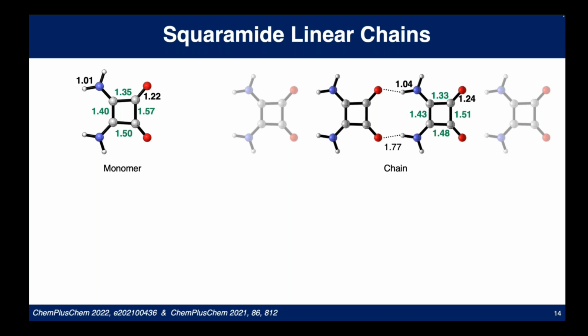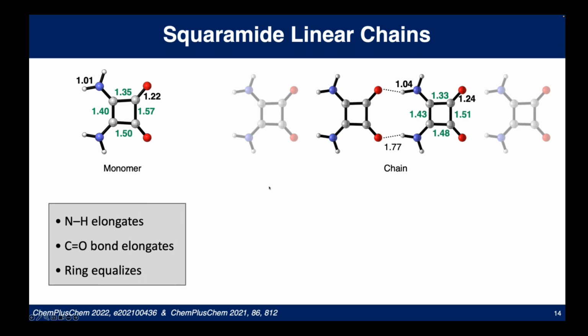I will talk about this equalization, because it's thought that this is due to aromaticity. But I will show you that we can have a very precise explanation why the ring becomes more equal.